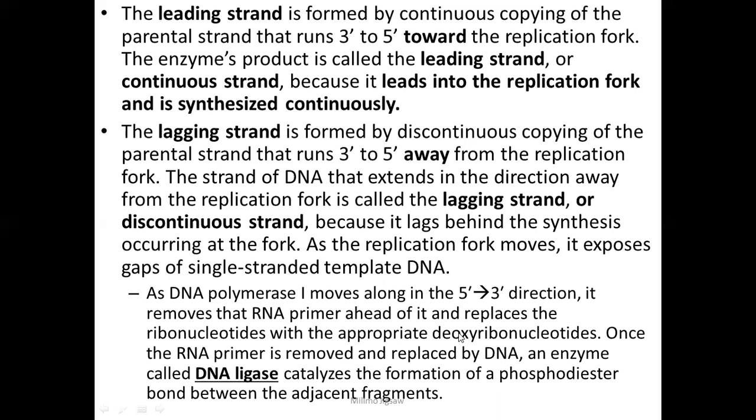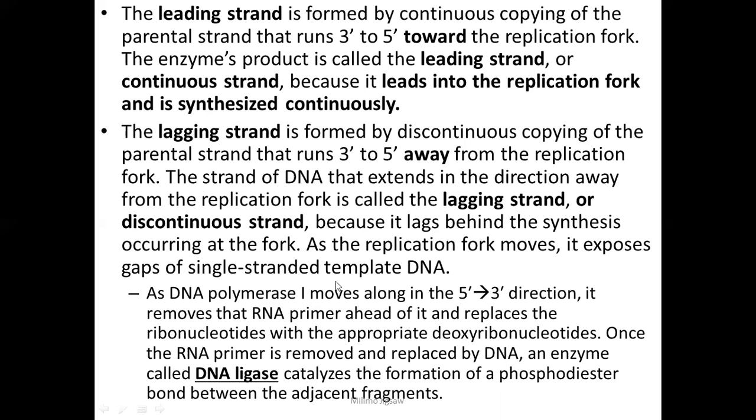So just as I've already mentioned, DNA polymerase will move along in the 5' to 3' direction. And this is in the lagging strand. Those primers, since they are RNA primers, what we need are DNA bases, DNA molecules.